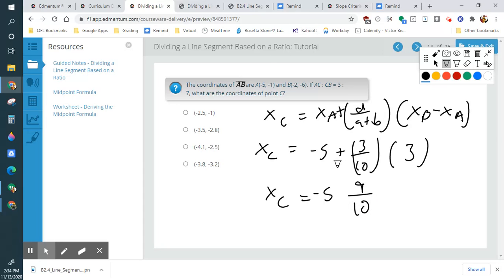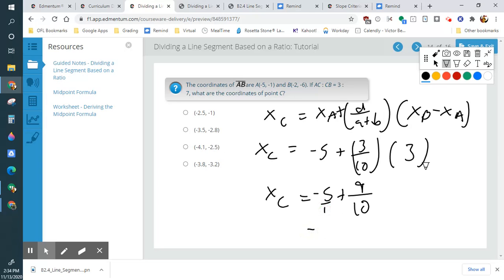That can't be right. Our x is -2 minus -5. No, that's 3, and then our xA is -5. Well, I guess that's true. Oh, because it's negative. That's right. Okay, so this ends up being negative.